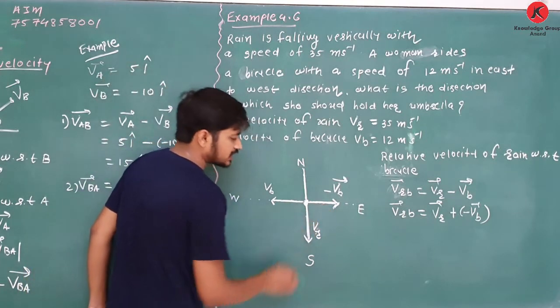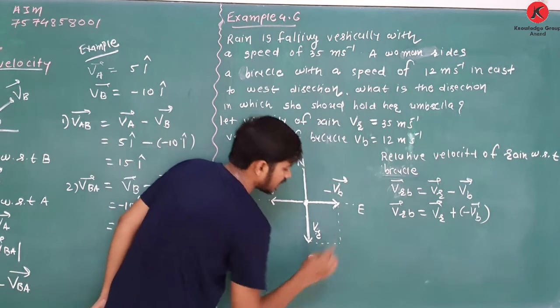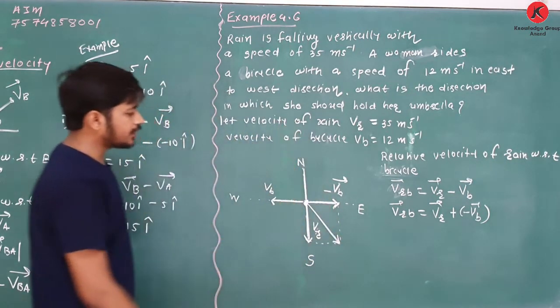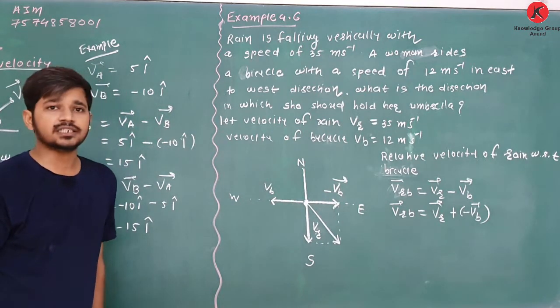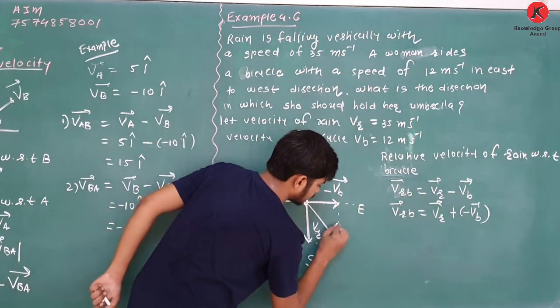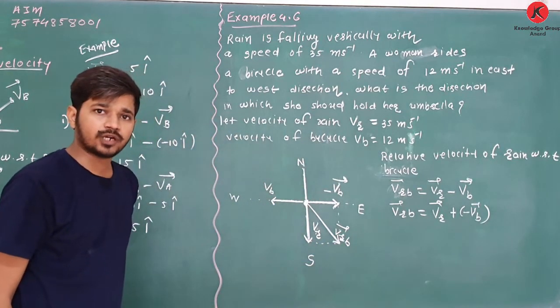Then take the two vectors as adjacent sides and complete the parallelogram. Then it gives their resultant. This vector is nothing but VRB according to the law of parallelogram.